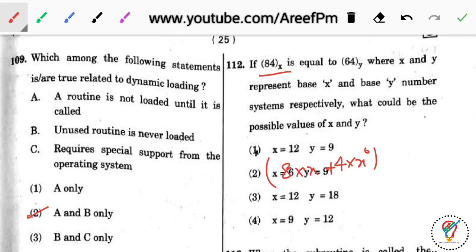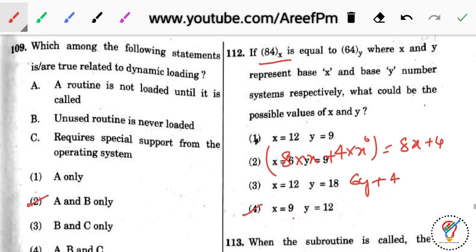So like this we should write. That means 8x plus 4. Similarly y also we can write as 6y plus 4 into y power 0. So this should be equal. For which values it is going to match, that answer will be correct. So 112, option 4 is the right answer for this question.